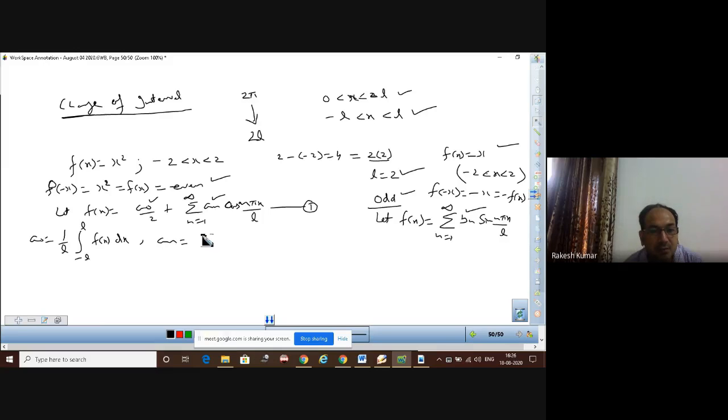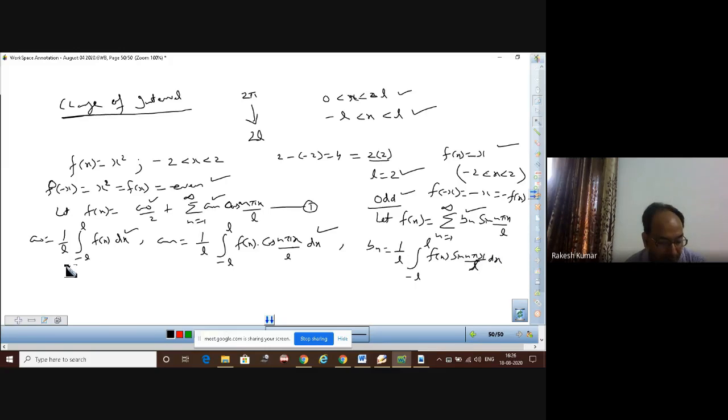The formula for an is 1 over L, integral from minus L to L of f of x into cos of n pi x over L dx. These are the general formulas, general meaning when the limits are in the form of L. Also write down the formula for bn, which is 1 over L, integral from minus L to L of f of x into sine of n pi x over L dx.